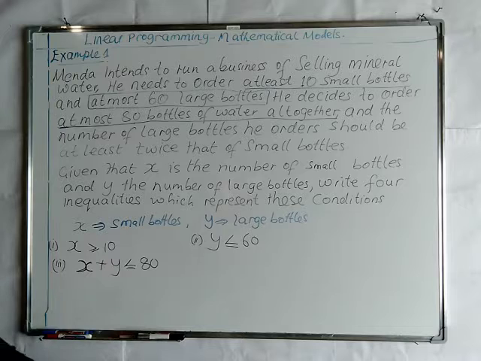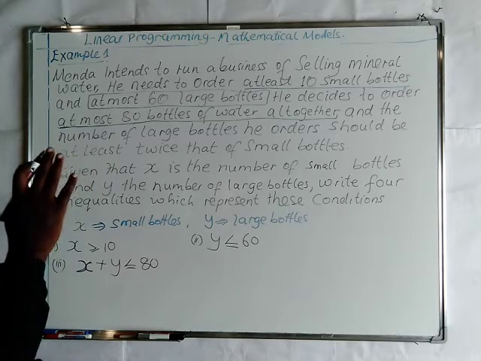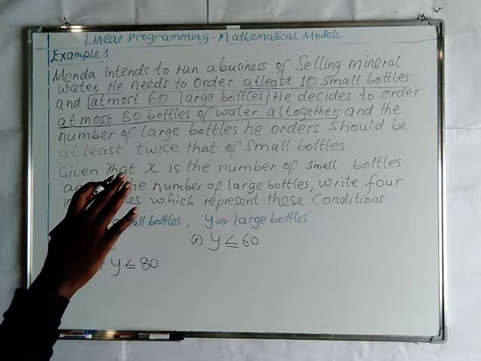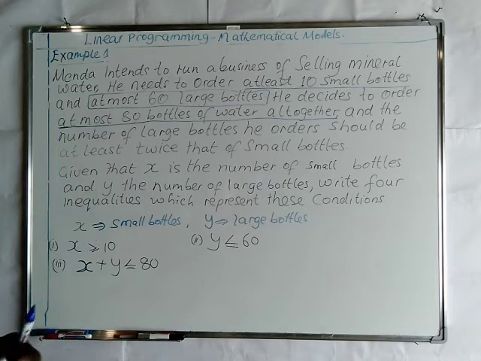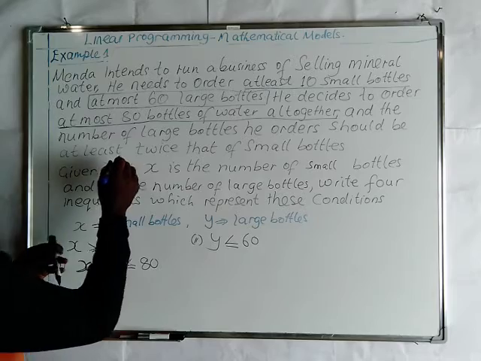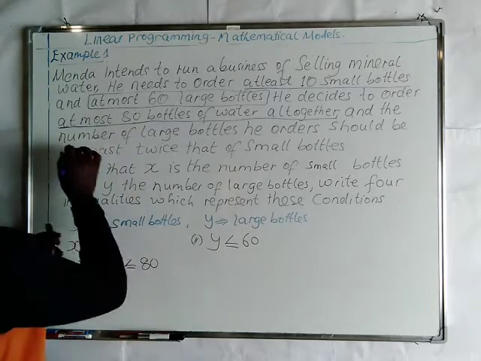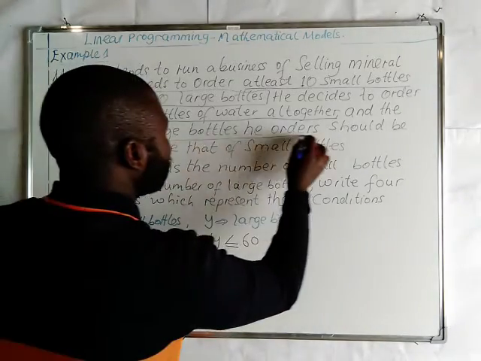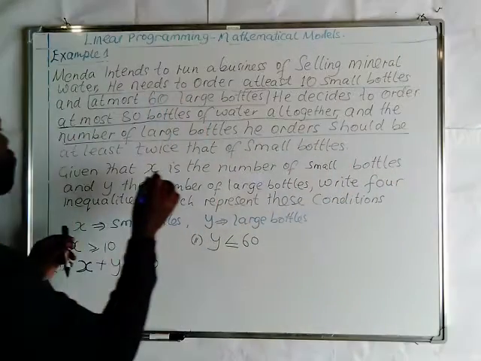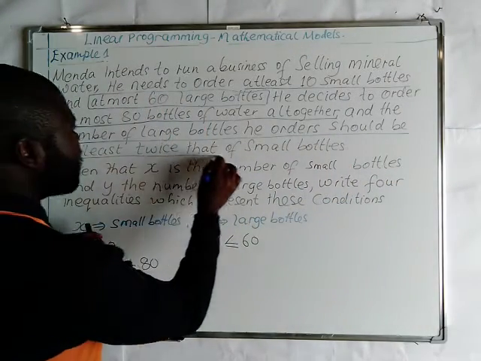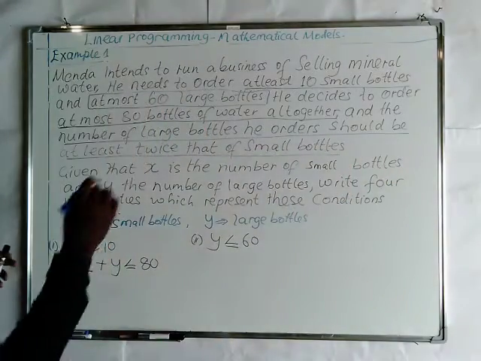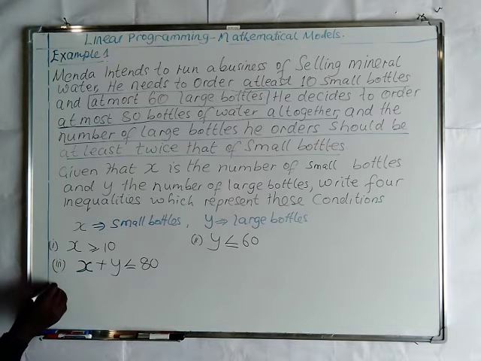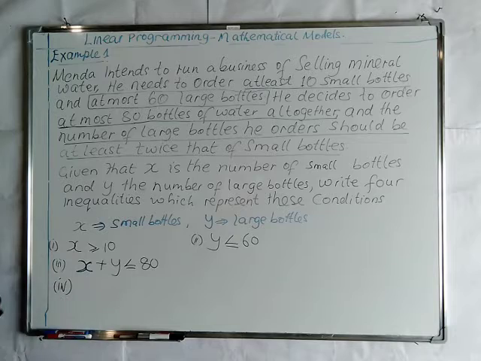Then our last inequality will come from where? Yes, the fourth will come from here: the number of large bottles he orders should be at least twice that of small bottles. From that statement, we shall come up with the fourth and last inequality.